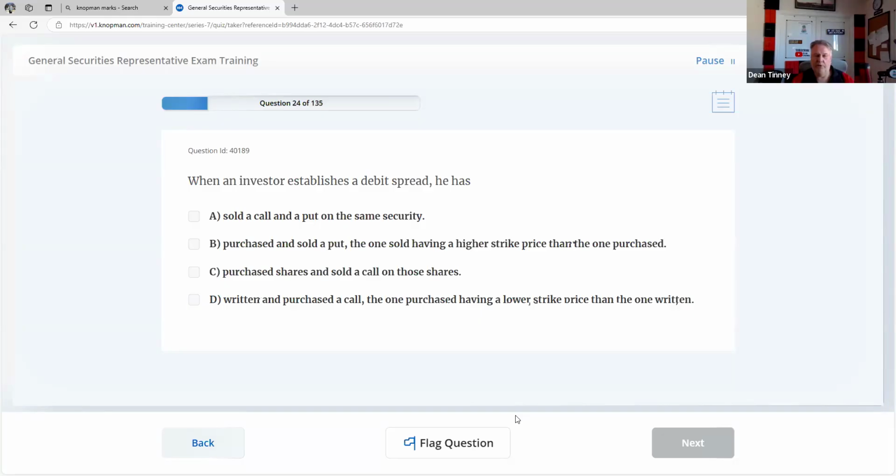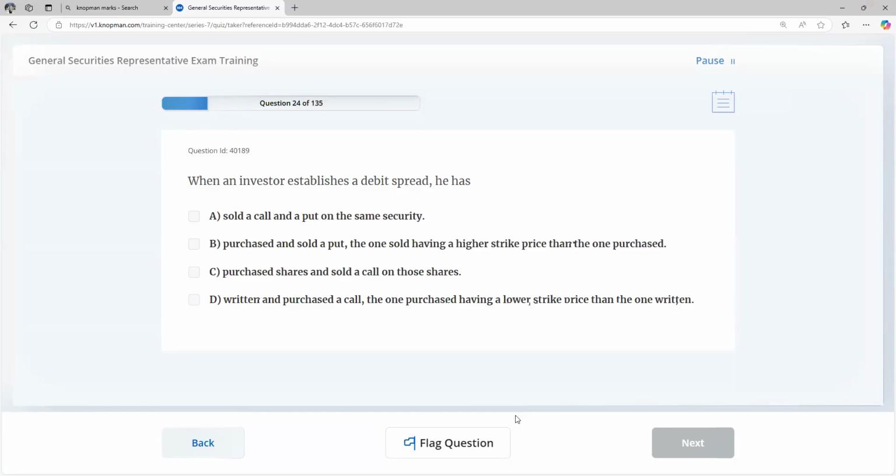This is, I think, the hardest type of question. They're asking you to identify a spread missing the premiums. So you know it's either B or D, because A is a straddle and C is a covered call. So it's not A, it's not C, it's either B or D. One call written and one call purchased.